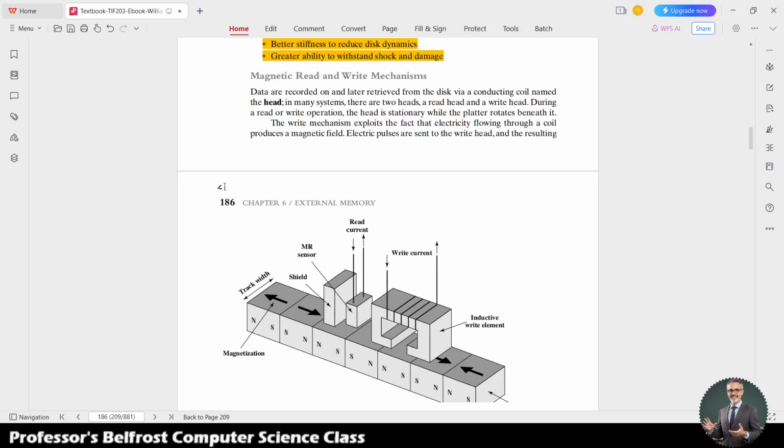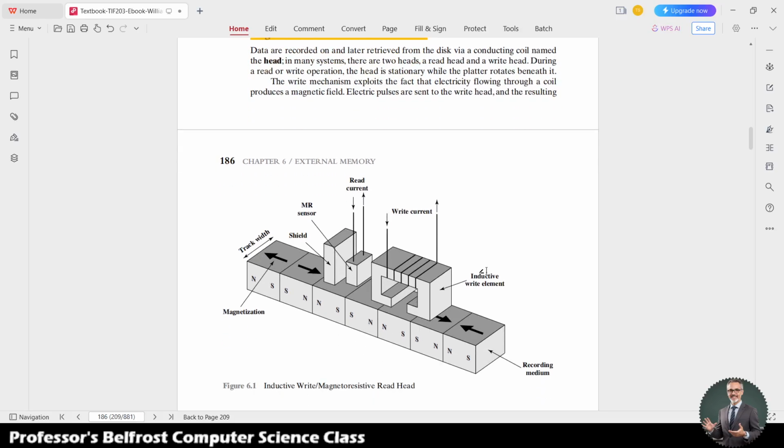Let's look at the magnetic read and write mechanism. Our data are recorded on and later retrieved from the disk via a conducting coil named the head. In many systems there are two heads, a read head and a write head.